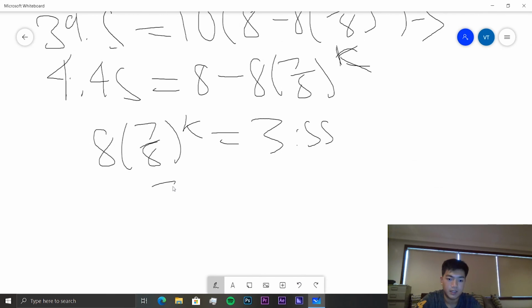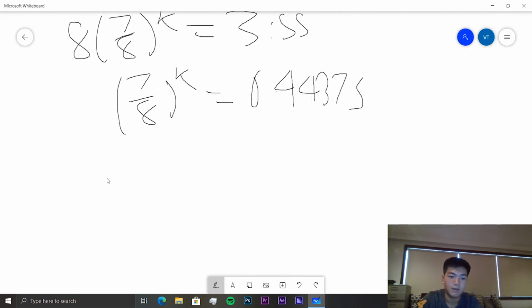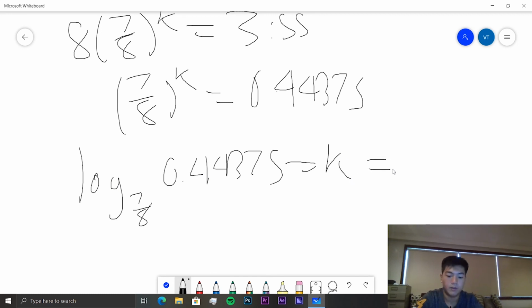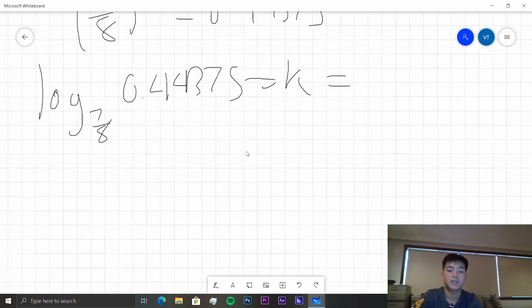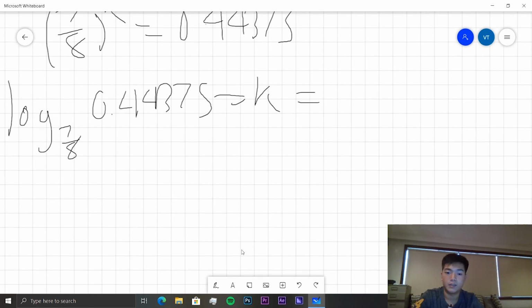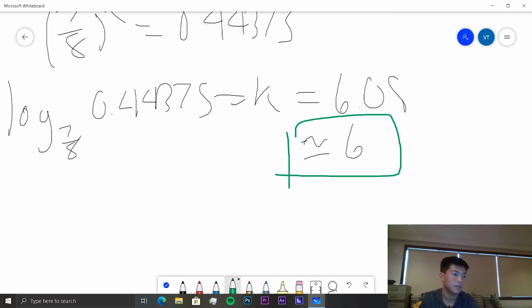So we have 7/8 to the k is equal to this divided by 8, which is 0.44375. And so now we can just use a logarithm. This is log base 7/8 of 0.44375 is equal to k. So if we punch this into a calculator, this is equal to 6.08. So effectively, this is around 6. So it will bounce 6 times before exceeding this distance traveled.